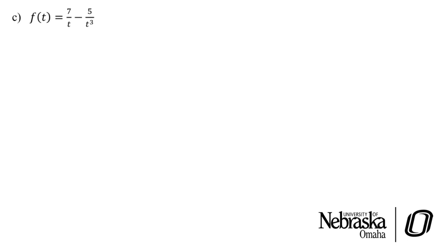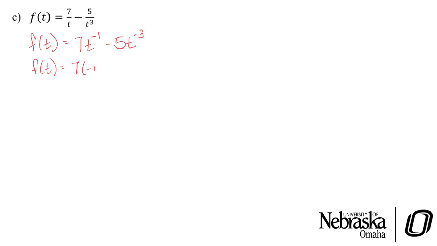Our next example, we'd also like to rewrite a little bit to make it easier to find our derivative using our new rule. So if we write this instead as 7t to the negative 1 minus 5t to the negative 3, we can see how to apply our new derivative rule much simpler. Okay, so we're still going to multiply our exponent out front.